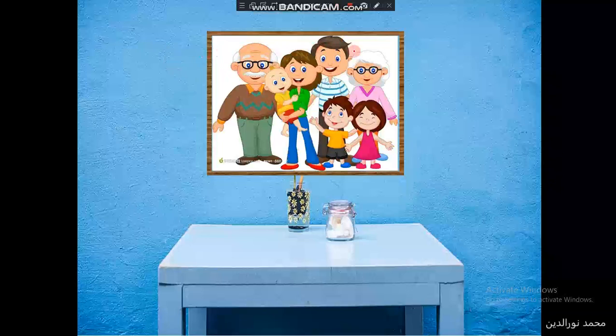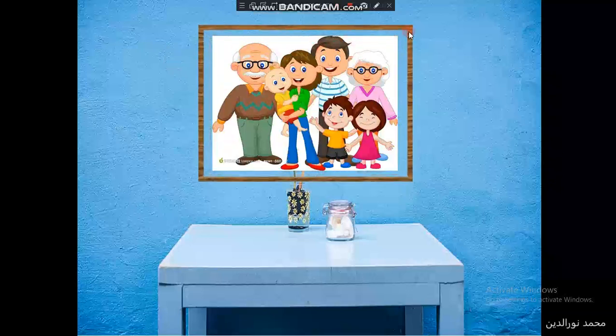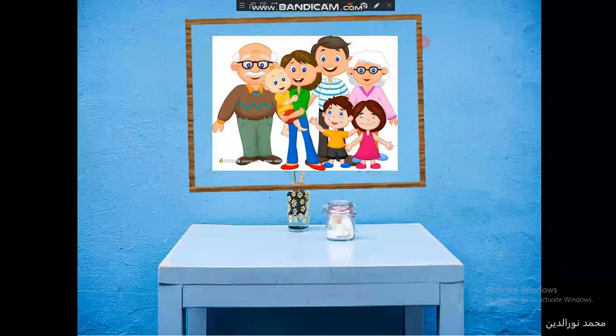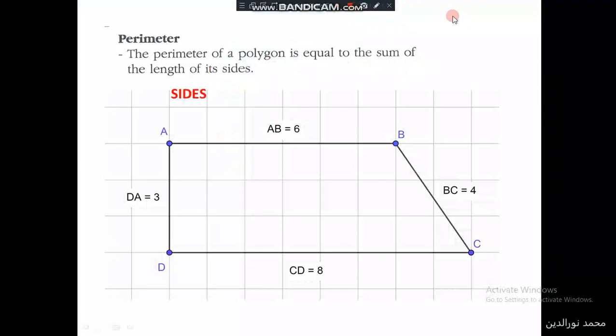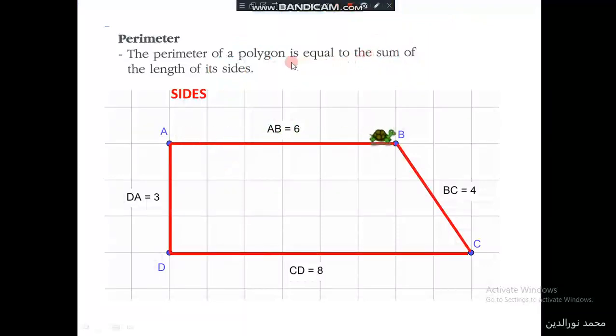When we are talking about perimeters, you could think that we are talking about the frame of this picture or the frame of the shape. The perimeter of a polygon is equal to the sum of the length of its sides.